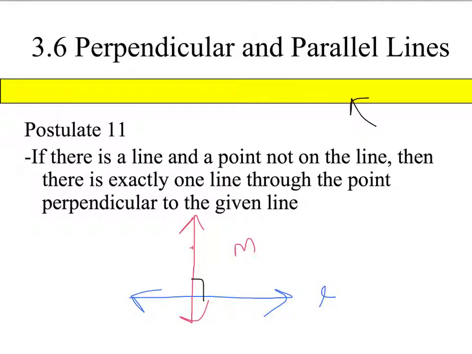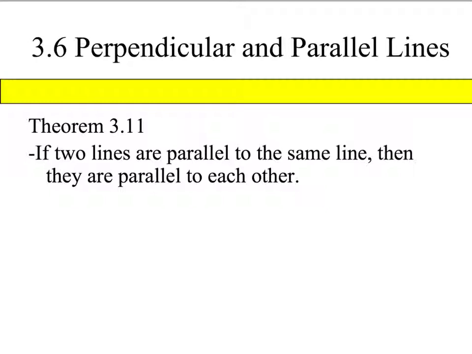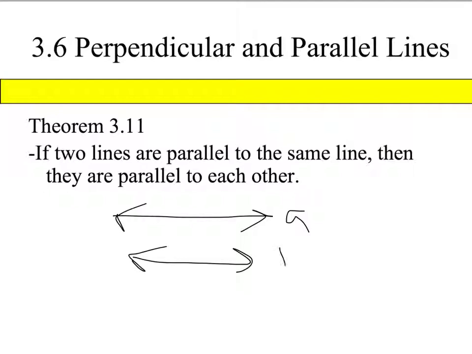Moving on. Our first of two theorems: if two lines are parallel to the same line, then they are parallel to each other. So, if I give you line A, line B, and line C, and I tell you that A is parallel to B and B is parallel to C, that means that A will be parallel to C. It's very similar to your transitive property, but there's a theorem now.